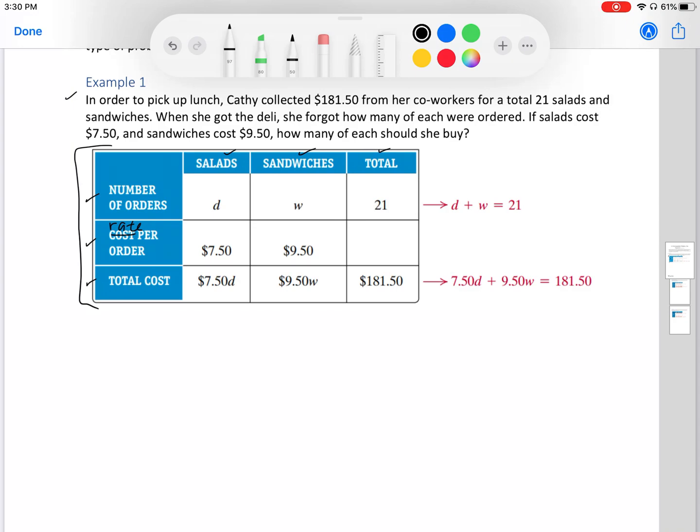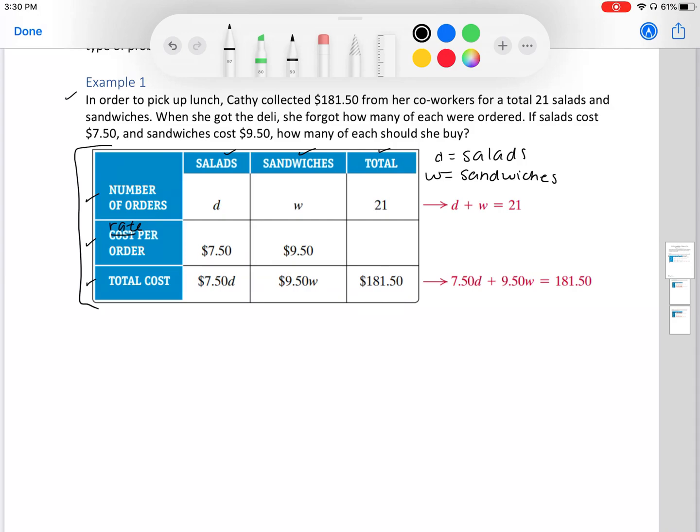If you fill this out, you see that your salads plus sandwiches will be 21, where D is salads and W is sandwiches. And then we have the total cost that's made up of 7.50D plus 9.50W equals 181.50.